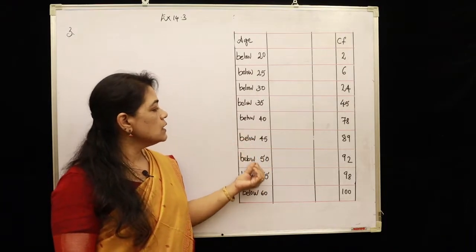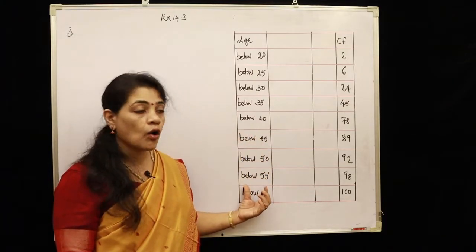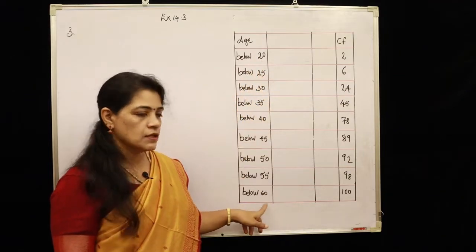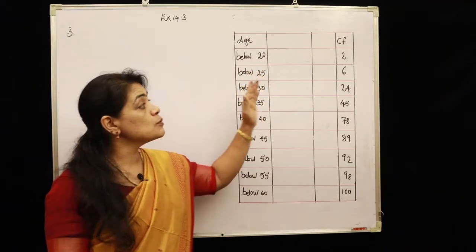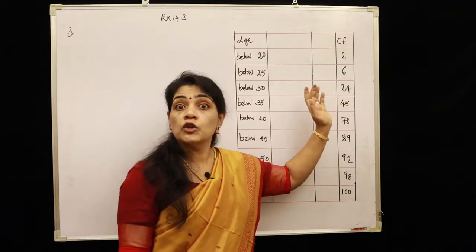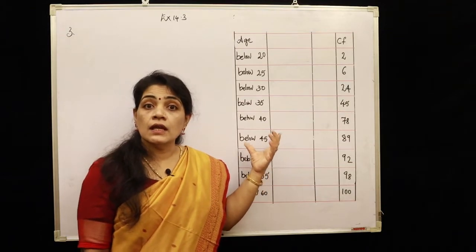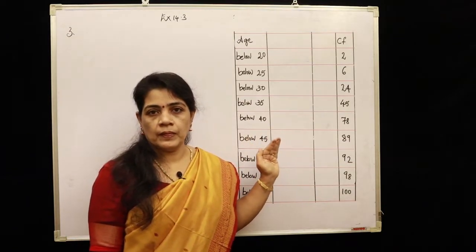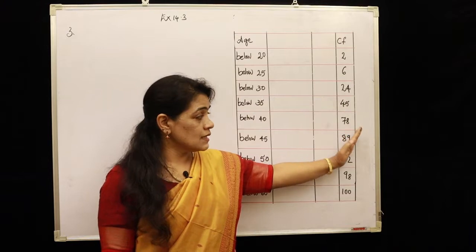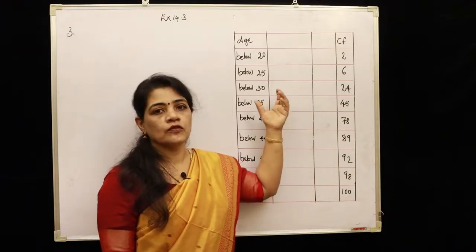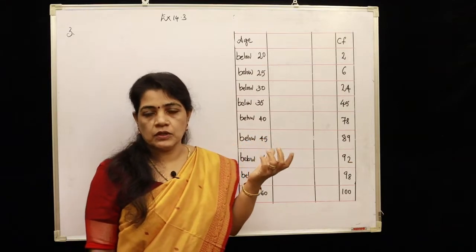Here we have this frequency distribution of below 20, 25, 30 up to 60, and its corresponding cumulative frequency is given. That means this distribution is of less than type. And in the last column we have the cumulative frequency of this frequency distribution.